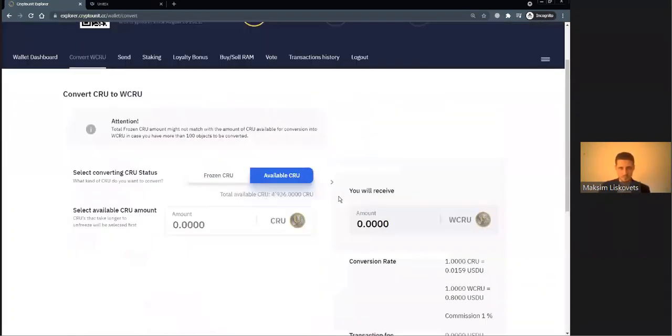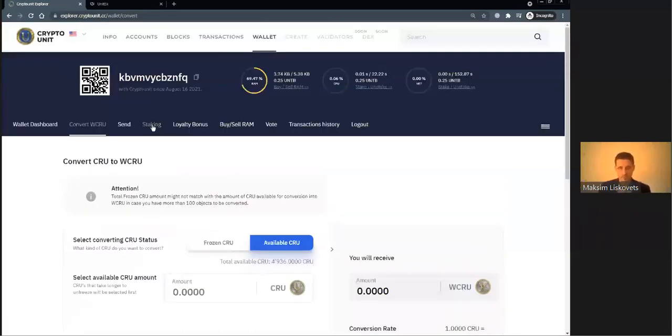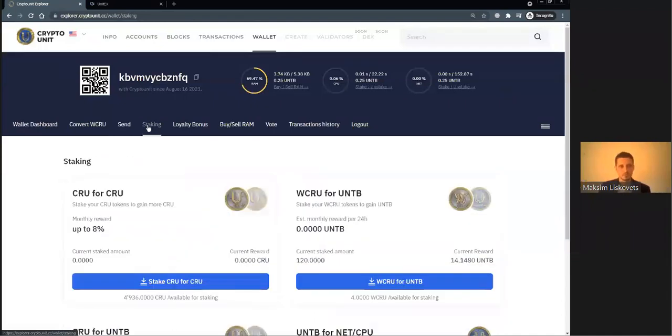It is quite okay with the conversion of World CRU, but the next thing, before you convert CRU into World CRU, you are to stake them. Therefore, to do this, we go to another tab, staking. It is here in the dashboard.